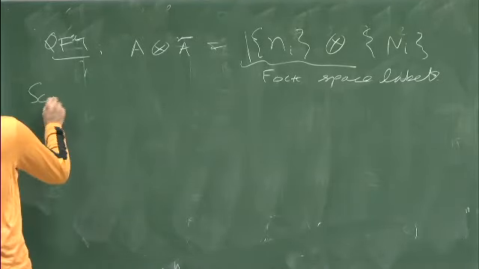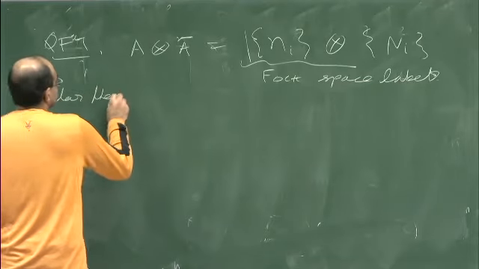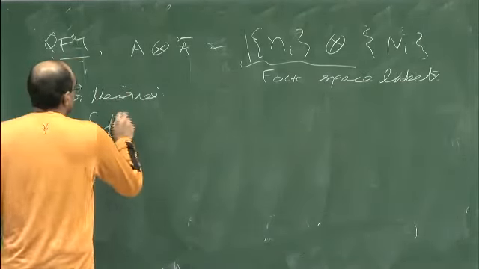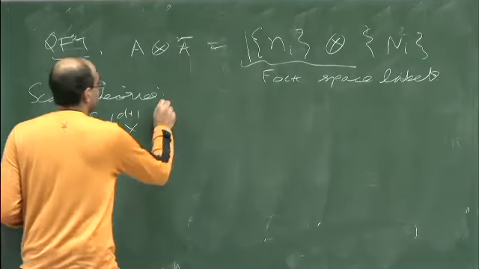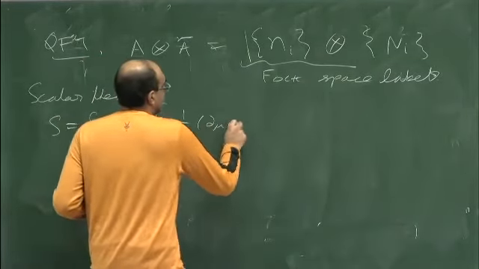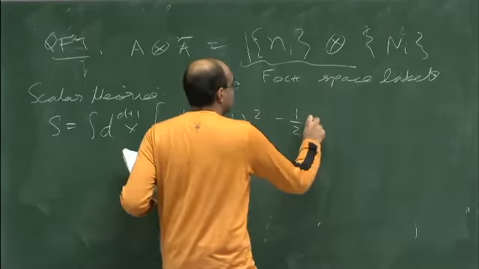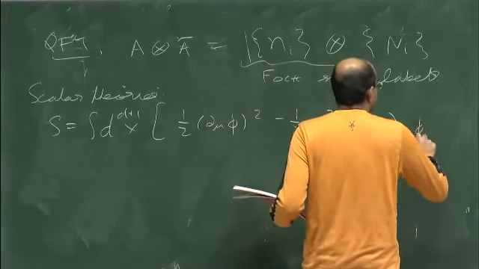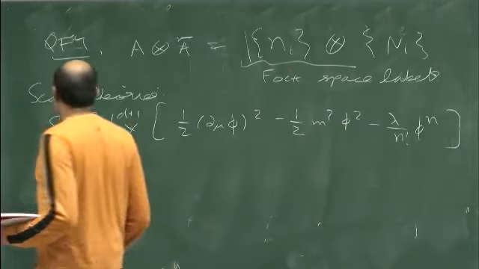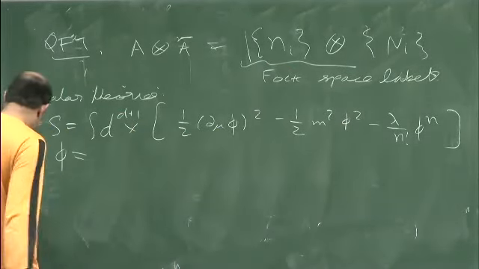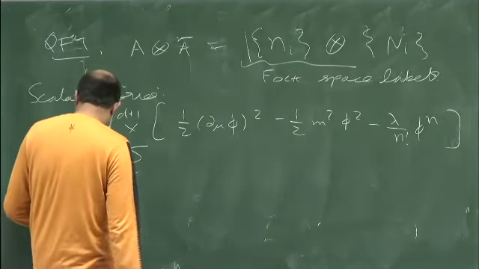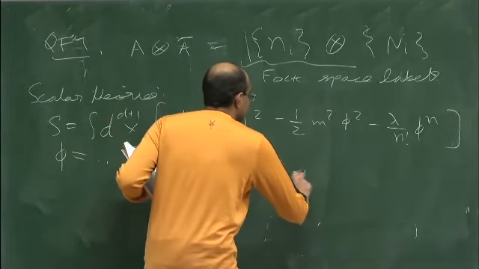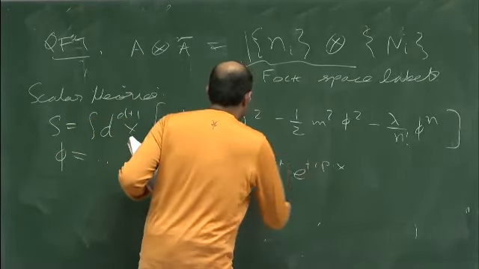So consider scalar field theories of the following form. I'll write down the action to be the integral d^(d+1)x of 1/2 a standard kinetic term, minus 1/2 m squared phi squared, minus lambda over n factorial, phi to the n. And I'm going to take phi, the field, to be some coefficients times the sum of a e to the minus ipx plus a dagger e to the plus ipx.